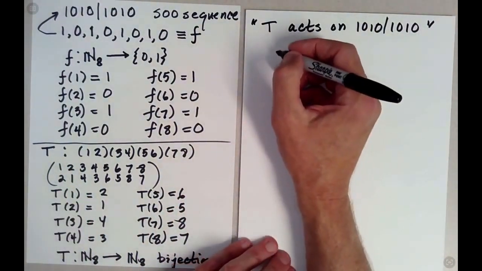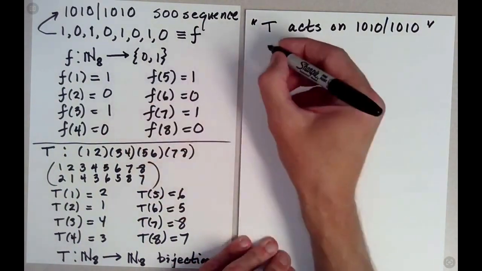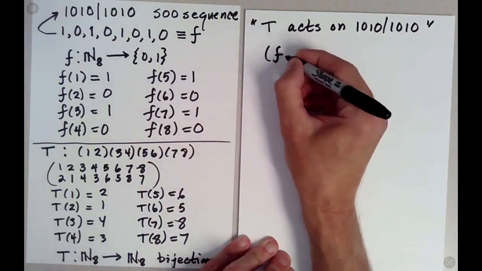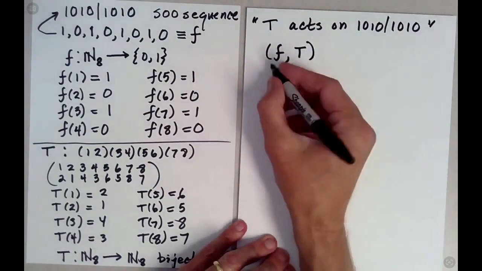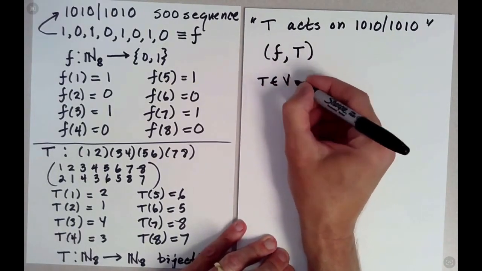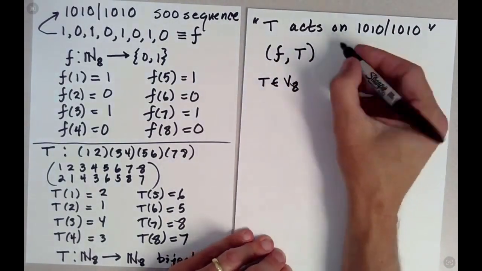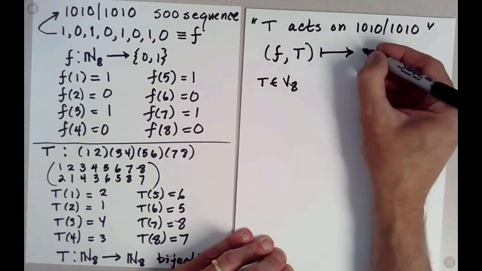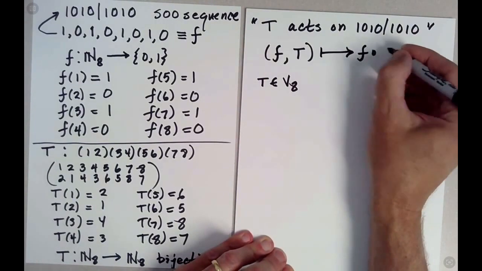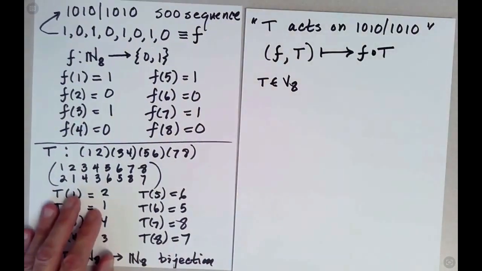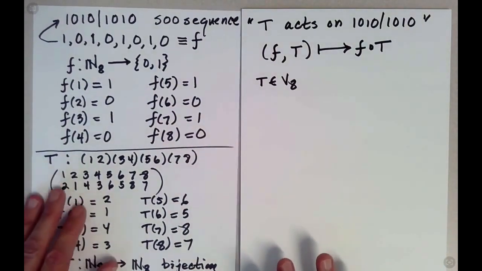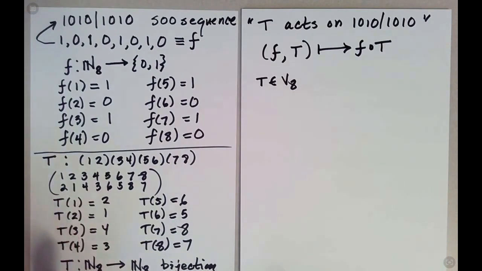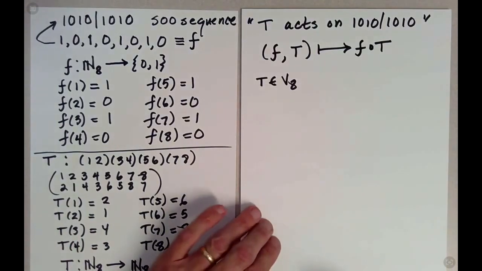So what's happening here is that what we called our function f, and then our group element t, which is coming from our group V8, is being assigned to f composed with t. Okay? So that's really what we need to figure out to see the result of the action of the group element T on our CMA sequence.